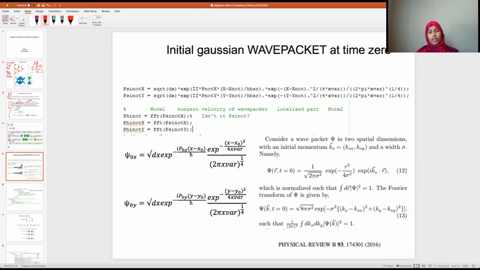If we calculate the Fourier transform of the wave function in position space, we will get the wave function in momentum space. That is shown in the three lines, the FFT of psi naught x.